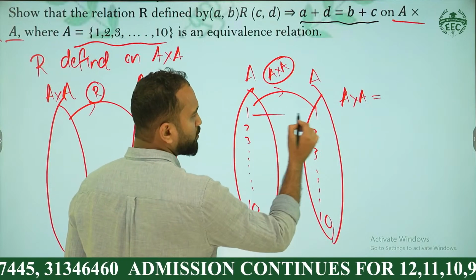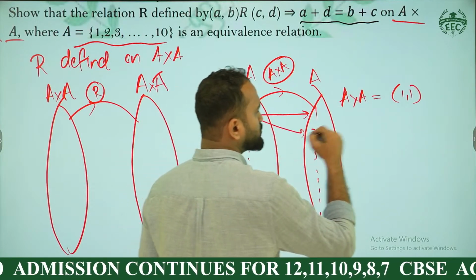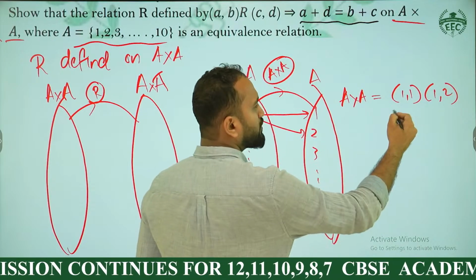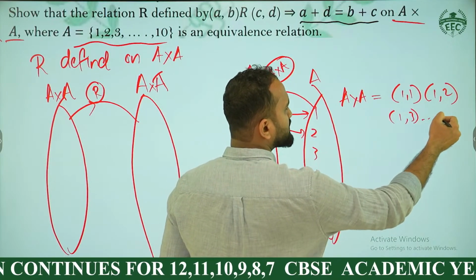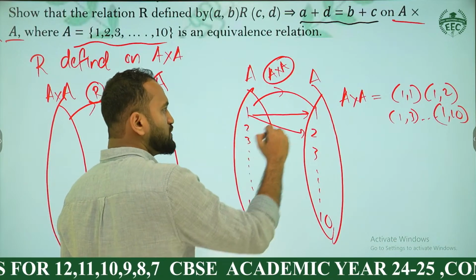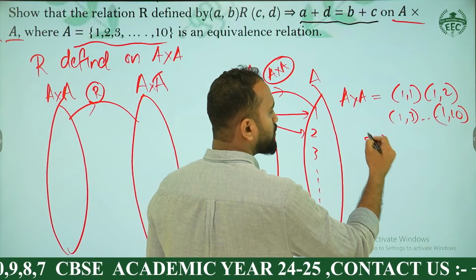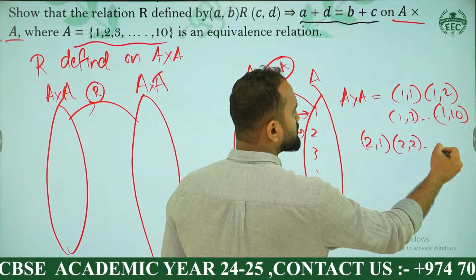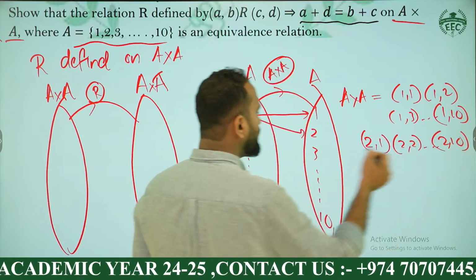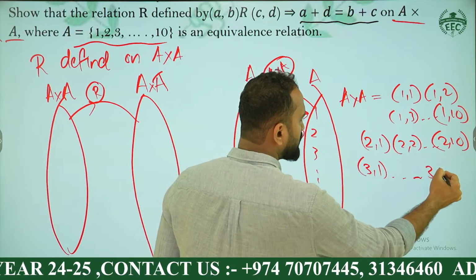If you're crossing 1 with 1, then we'll have the pair 1, 1. Then 1, 2, 1, 3, 1, 4, etc. up to 1, 10. Similarly, you cross with 2: 2, 1, 2, 2, 2, 3, etc. up to 2, 10. Similarly, there will be 3, 1, 3, 2, etc. up to 3, 10.